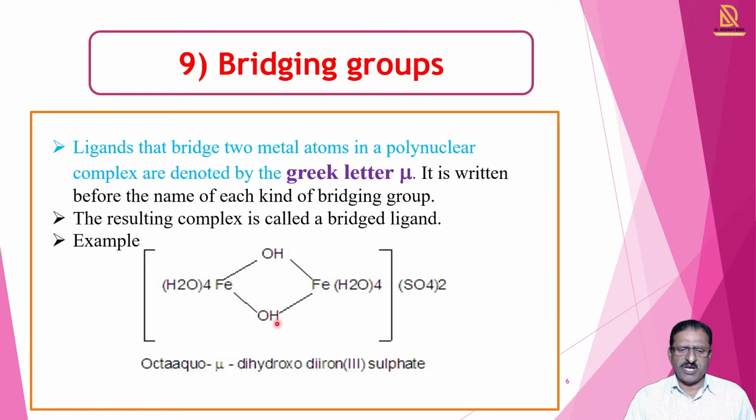There are two hydroxyl ligands, so we write dihydroxo, and that dihydroxo is attached by a bridge, so we write mu-dihydroxo diiron(III) sulfate. So this is the name for this bridge ligand complex, and you remember that when there are bridge ligands, we use the letter mu before those bridge ligands and give the names. All other rules are similar, or we can change the sequence of ligands in this case.